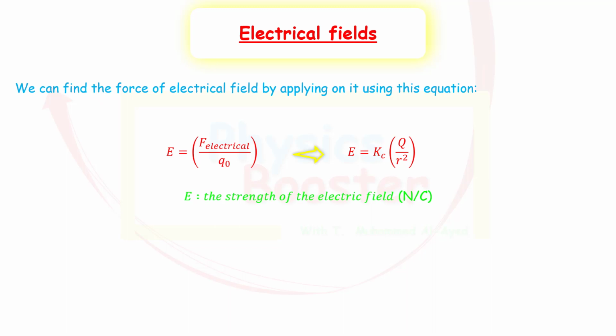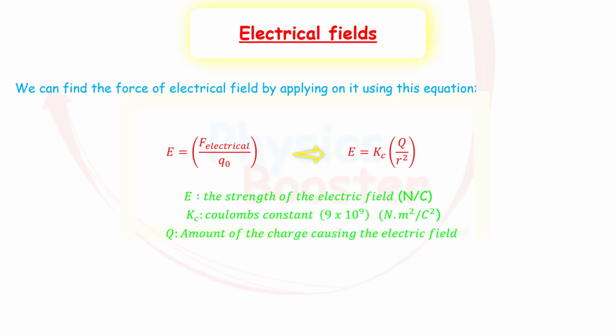We said that E is the strength of the electrical field and its unit is Newton per coulomb. And Kc is Coulomb's constant. We learned that before. And finally, Q is the amount of the charge causing the electrical field. And R is the distance where we want to test the electrical field, because the further we are from the charged particle, the weaker the electrical field will be.